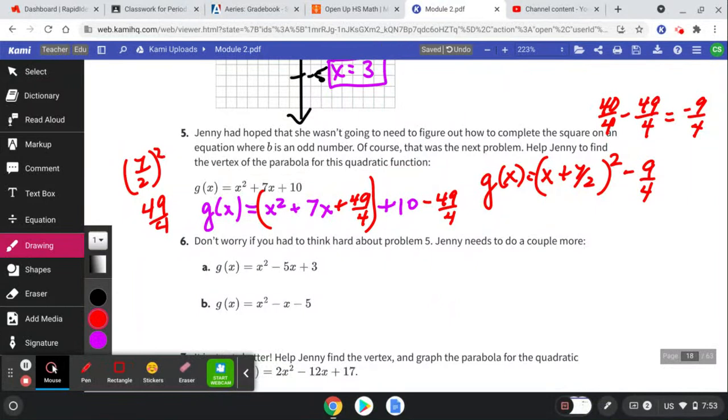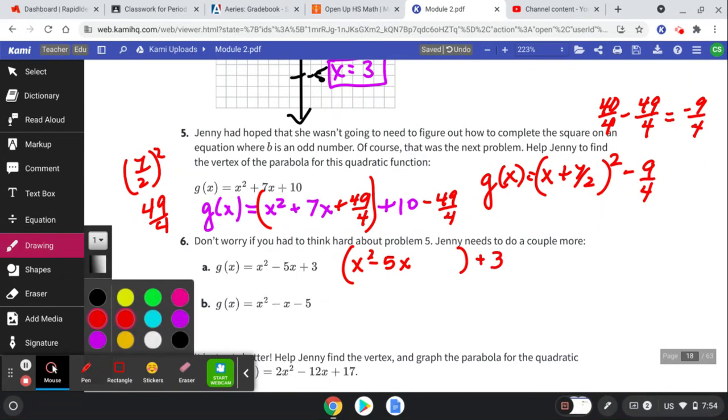Okay, if you had to think hard about problem 5, she needs to do a couple more, so go for it. So we go x squared minus 5x, make some space, bump that 3 over. Half of 5 is 5 halves. 5 halves squared would be plus 25 fourths.